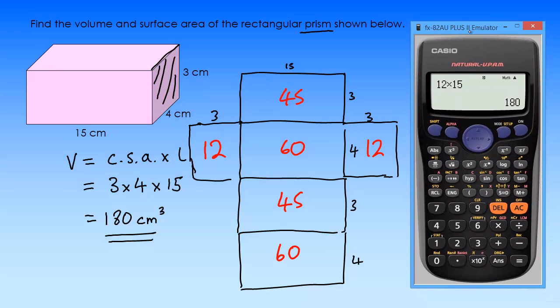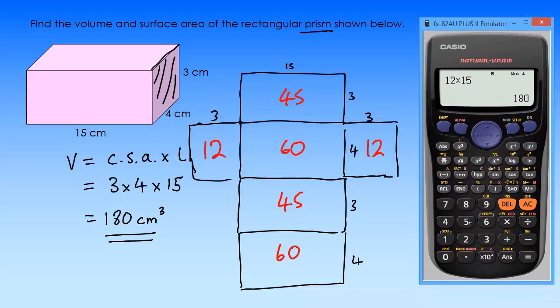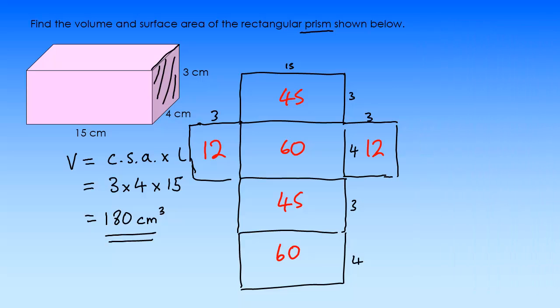And if we bring in the calculator, we just need to add those up. So we've got 12, add 12, add 45 and 45 is 90, 60 and 60 is 120, and that's 234. So 234 centimetres squared.